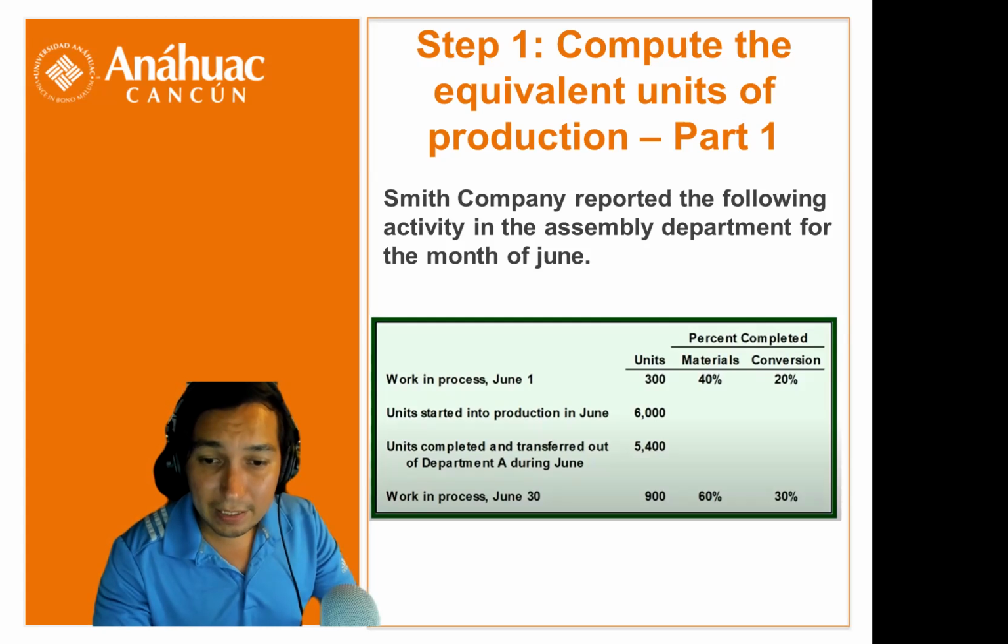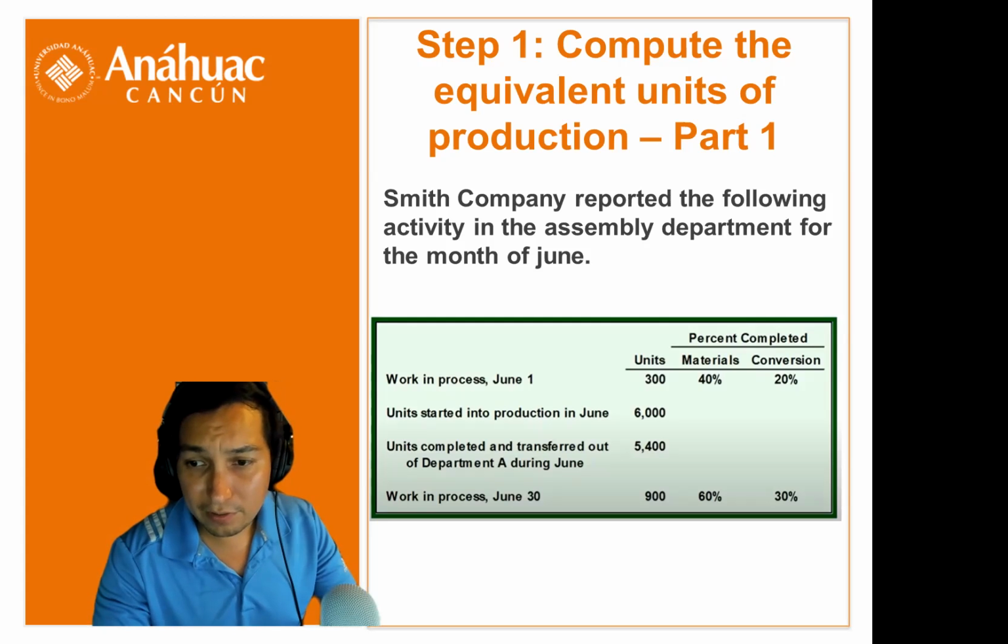So 6,300 minus 5,400 leaves us with 900 units in our ending WIP, and they tell us that they are 60% complete for materials and 30% complete for conversion.